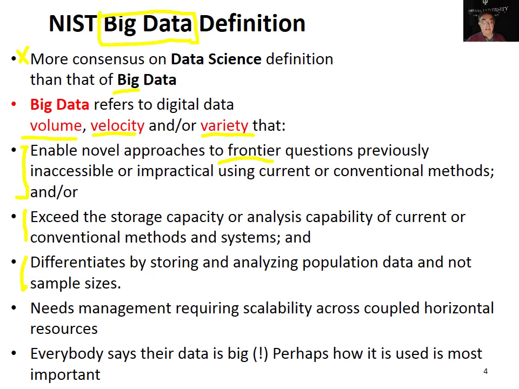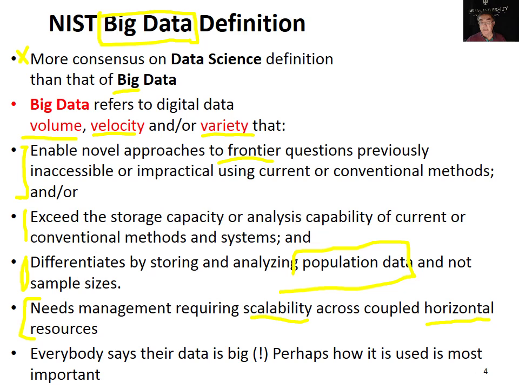Here we're saying that instead of doing relatively small local samples, it integrates the world's data, population data from all over the world. Another feature is that we're going to start using parallel computing because it is so large. We're going to need to deploy parallel systems, in particular the famous MapReduce technology and its variants, across lots and lots of computers.